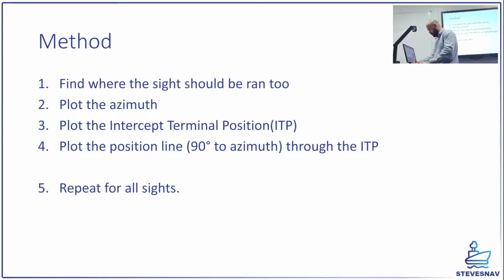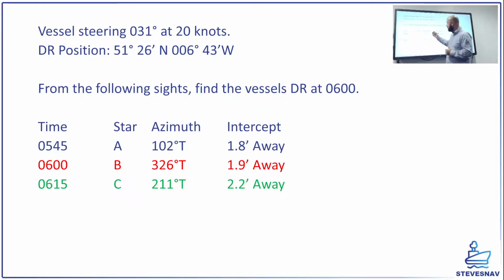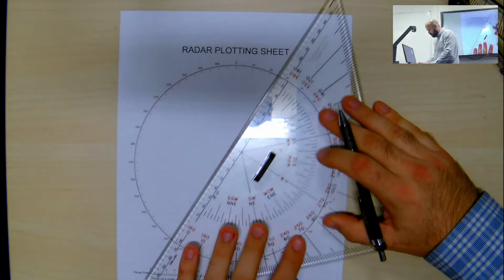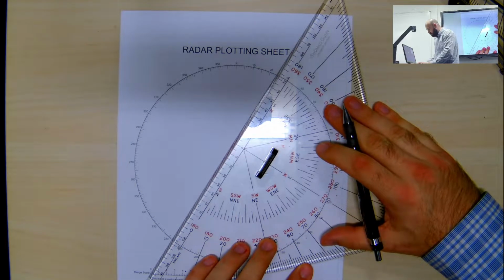031 is our course. So what we're going to do is we're going to use this question here. Now I've colour coded them this time so that we can see them a bit easier as we're going through. Okay, so plot 031 straight through the centre of your plotting sheet.